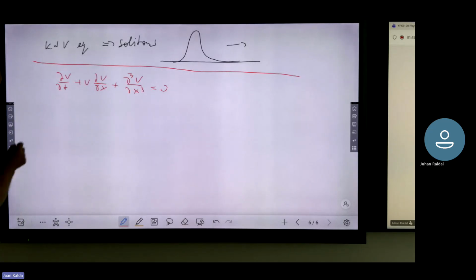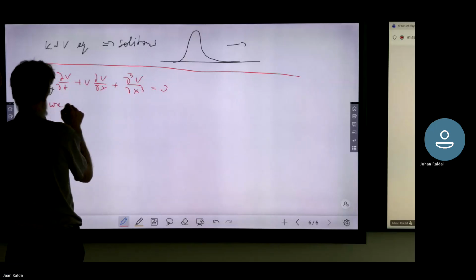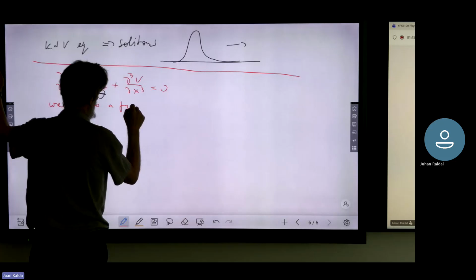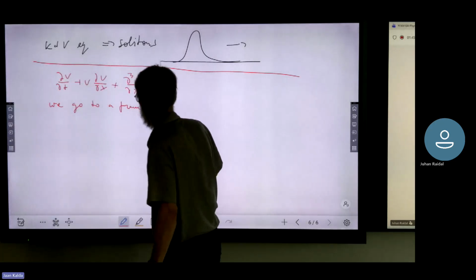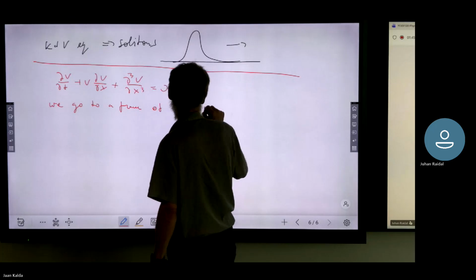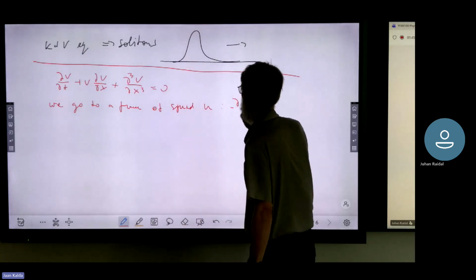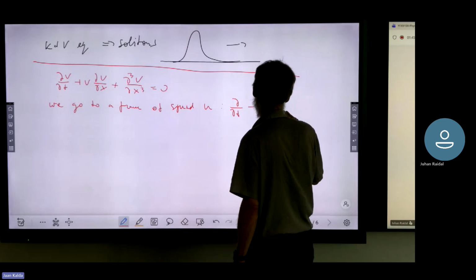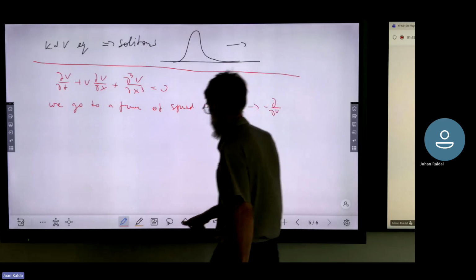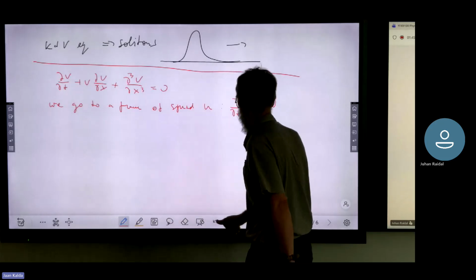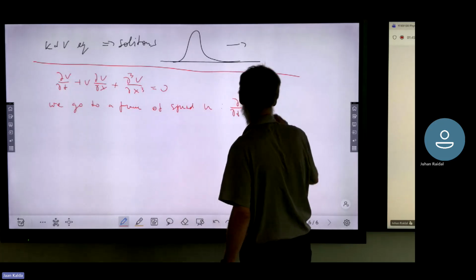We go to a frame of speed u, so that d over dt becomes d over dt prime minus u d over dx. You're already familiar with this procedure, so I think I can skip some details here.